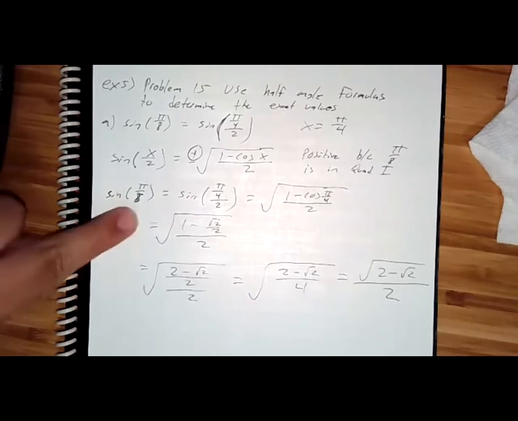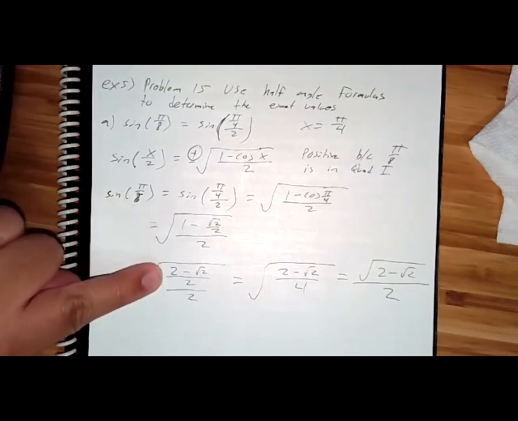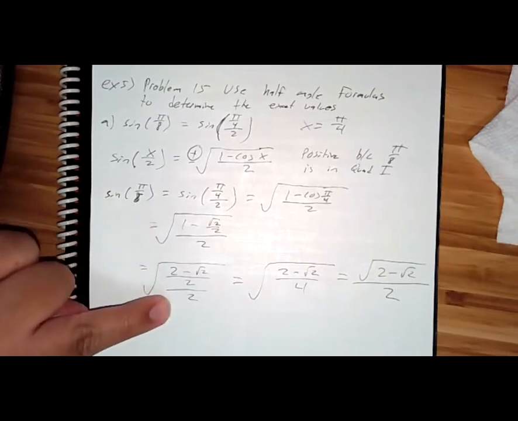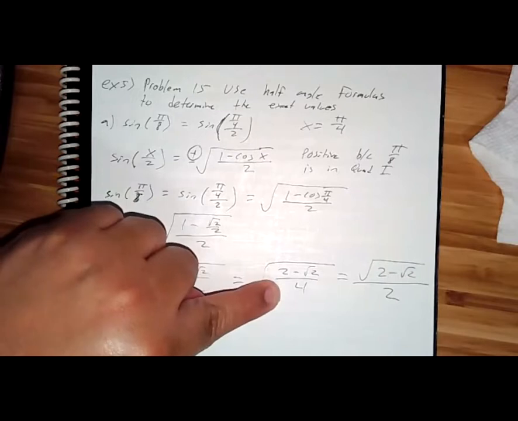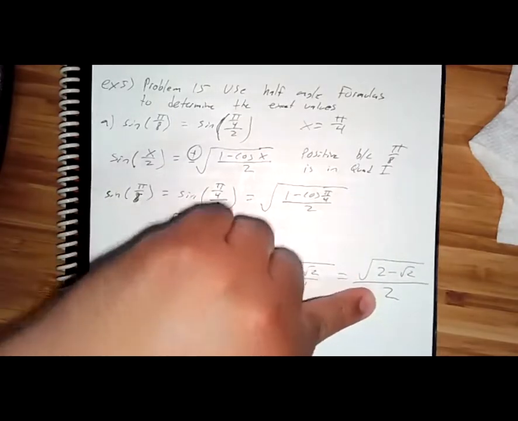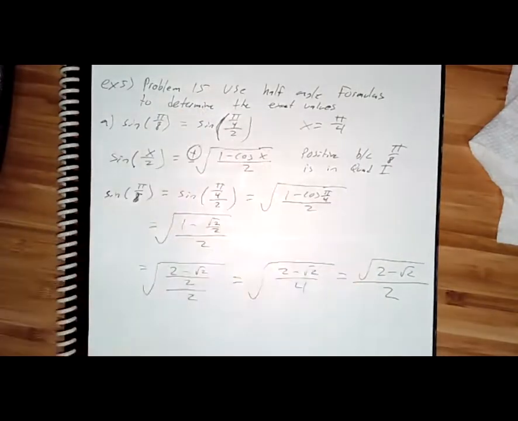But anyway, this was the answer technically. I added the fractions on top and then divided by 2, which gave me this. Square root of 4 comes out as a 2. The top stays inside. That's all we did.